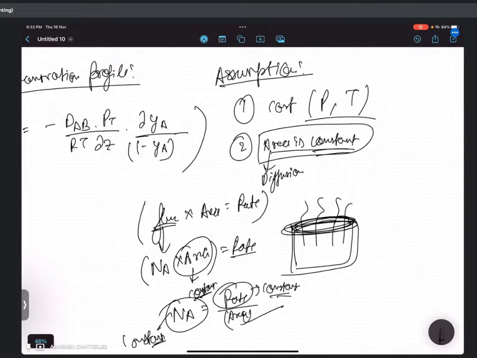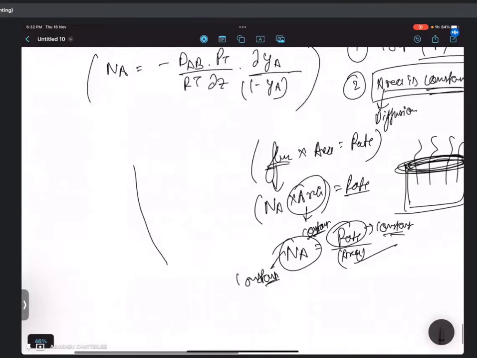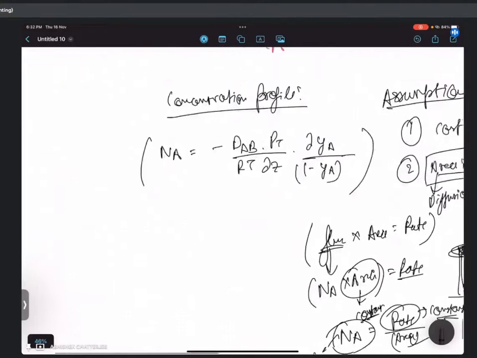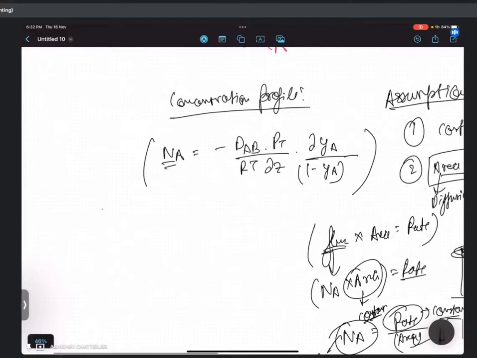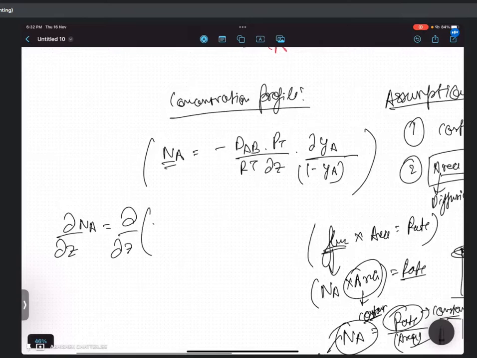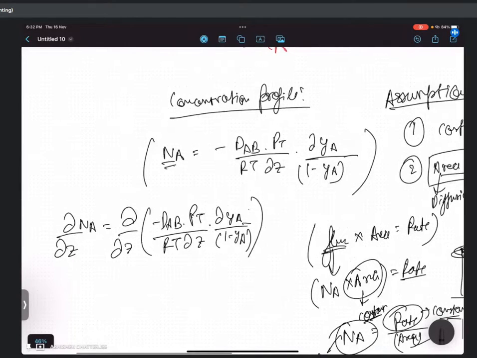Clear? Now if our NA is constant, then if you take the derivative of that quantity, like dNA by dZ, that means d by dZ of minus DAB into PT by RT into dYA by 1 minus YA. Now as NA is a constant term, the derivative of a constant term will always be equal to 0.